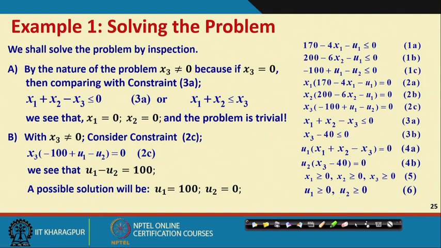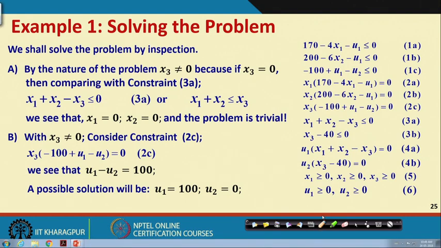First of all, by the nature of the problem x3 cannot be 0, because look here, we have a constraint x1 plus x2 minus x3 less than equal to 0. So if x3 equal to 0, automatically we have a constraint that x1 plus x2 less than equal to x3. If you recall, x3 is the raw material.